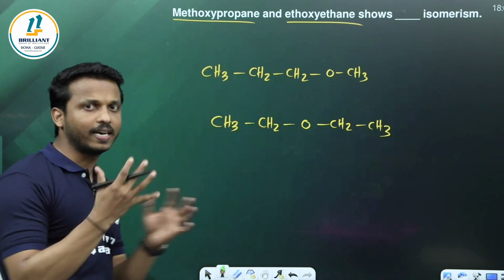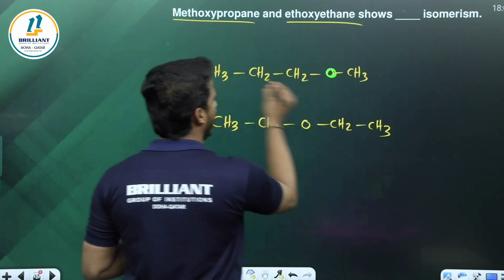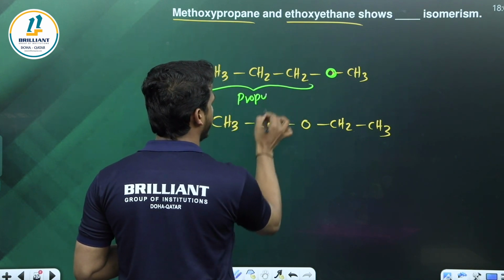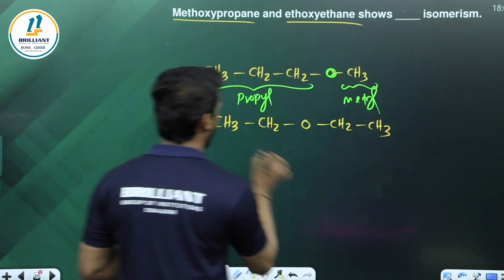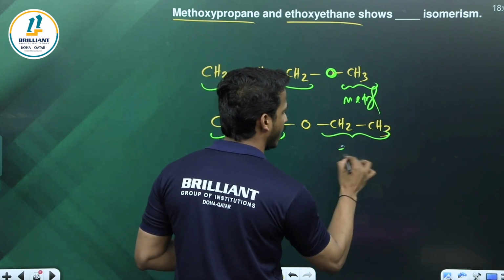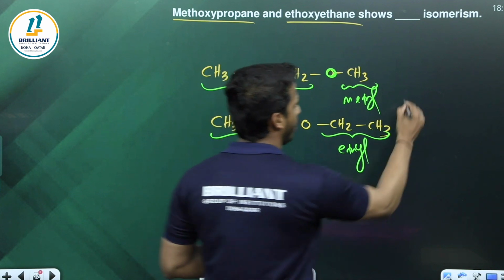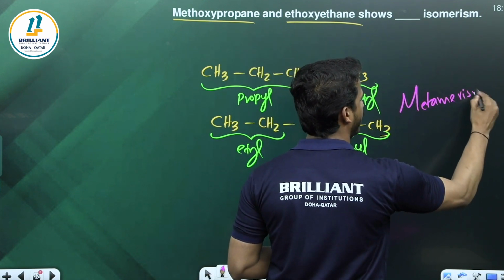You may have studied ether, in which, on the ether oxygen, here on the left side there is a propyl group, right? But on the right side, what do you have? Methyl. But in this case, here ethyl, and the right side also ethyl. Ether shows one isomerism, especially what we call metamerism. What do you mean by metamerism?